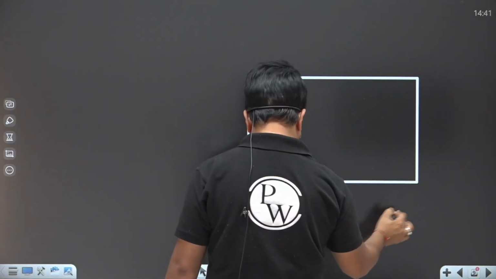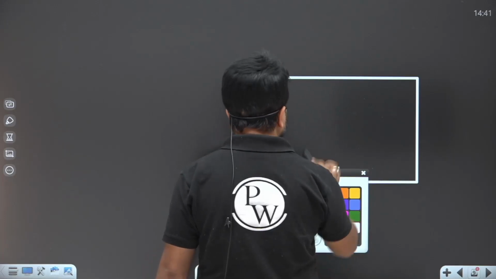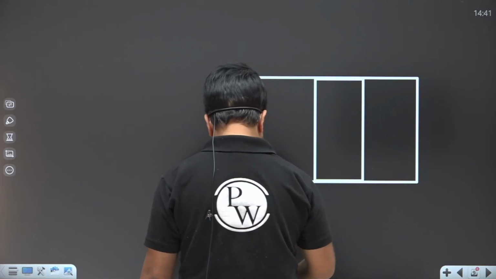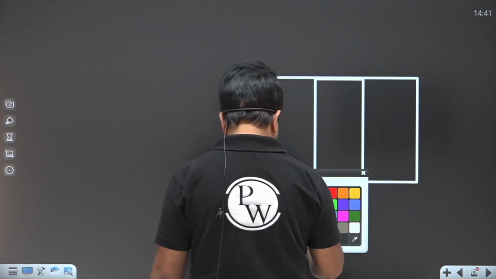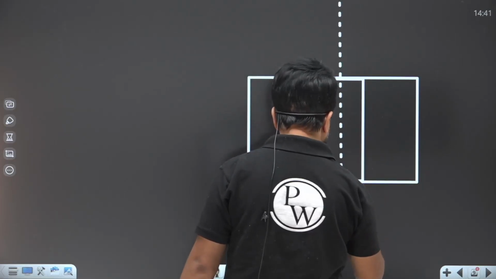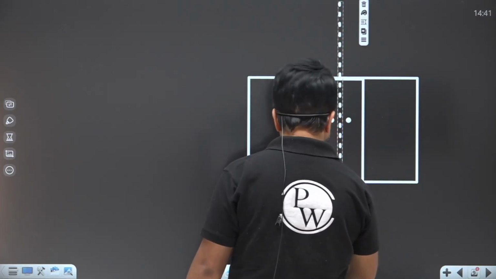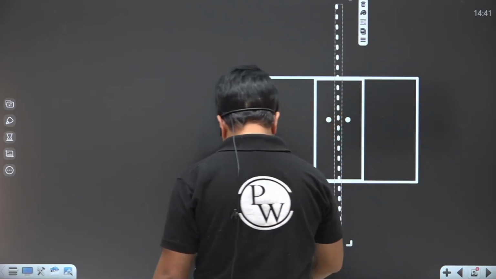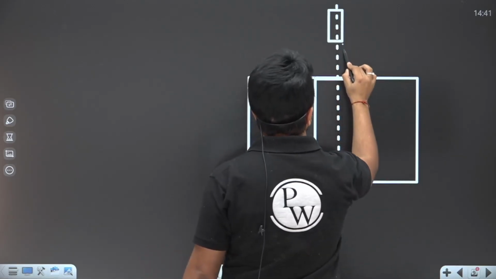Suppose that this is my workpiece and I have to drill this much hole, and this is the axis of rotation of the drill tool, and this is your drill.